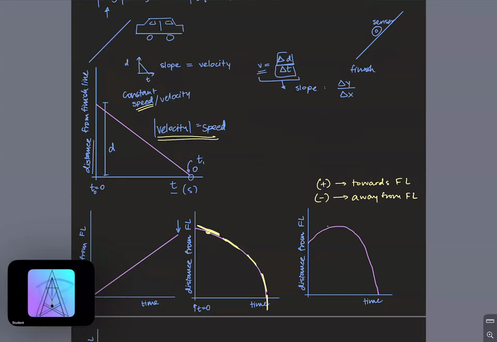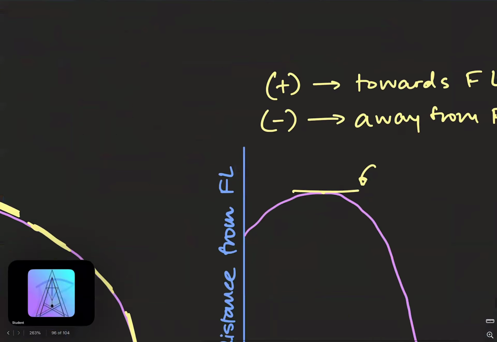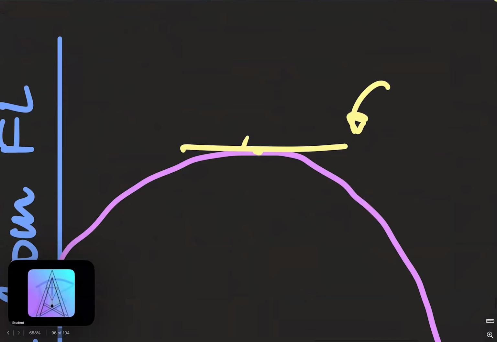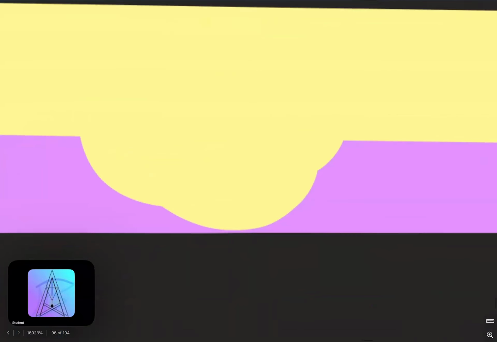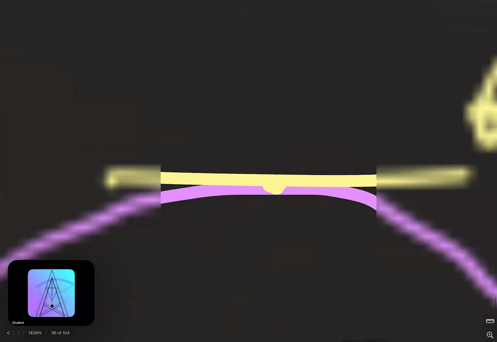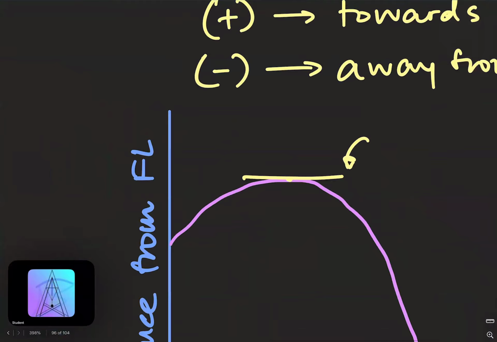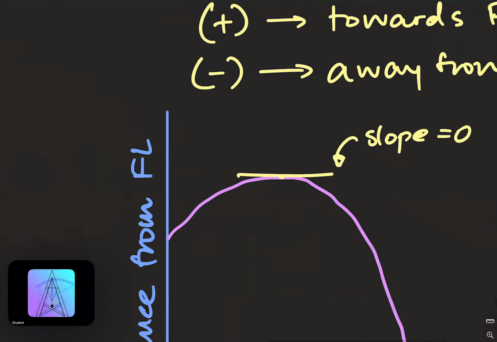This is important to note that this is actually zero because the slope here, if you draw a line for the slope right here, that is horizontal, right? At the very top, if you zoom in, you see a horizontal line, right? So that's why the slope here is technically flat. So the slope is zero. Yes. Okay, keep going.